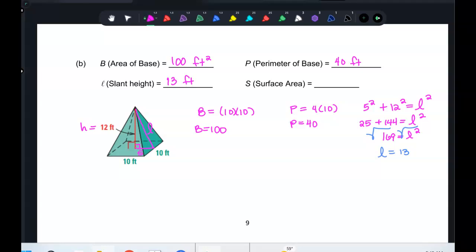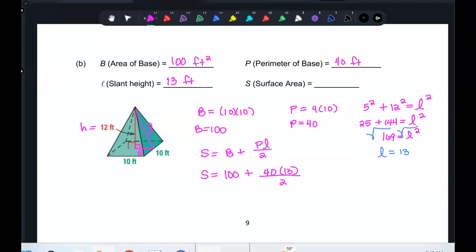Again, you'll have the formula, so you just need to plug everything in. It was area of the base, so that's going to be 100 plus 1/2 times 20. For the surface area, is it 100 plus 1/2 times 20? Yeah, because it's area of the base.